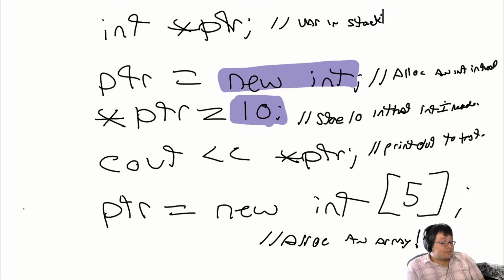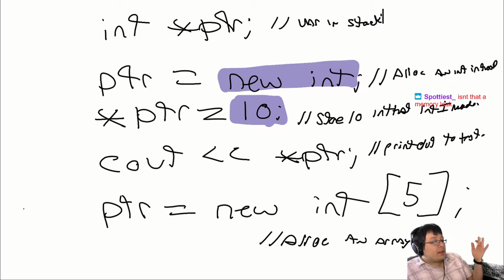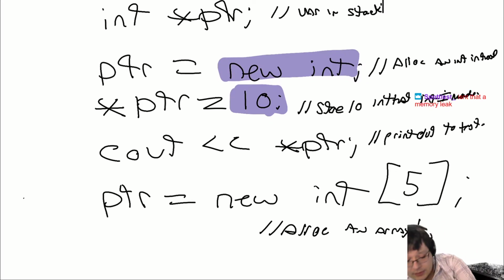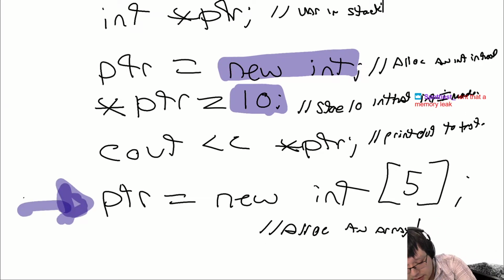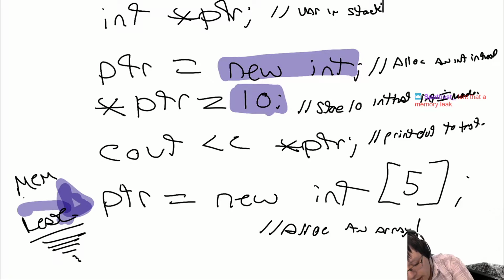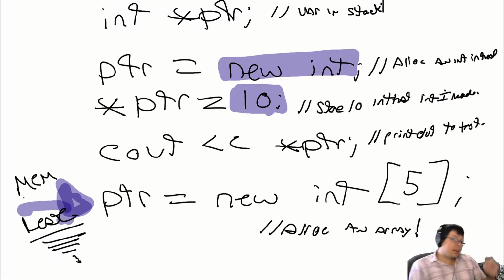But we lost it. We lost the address. Yes, this is what is known as a memory leak. This line of code is creating a memory leak.